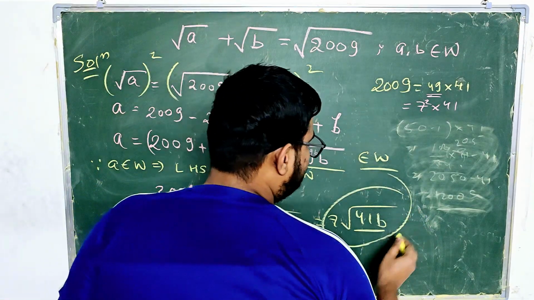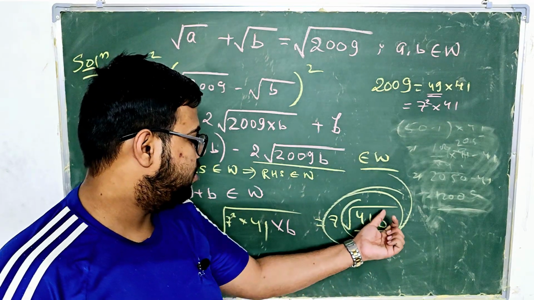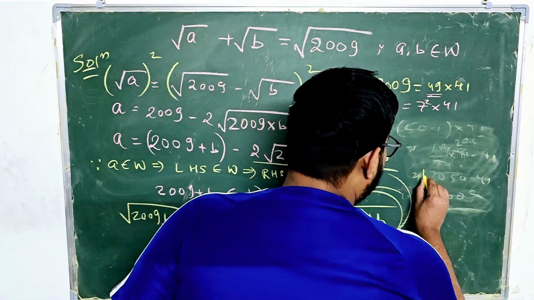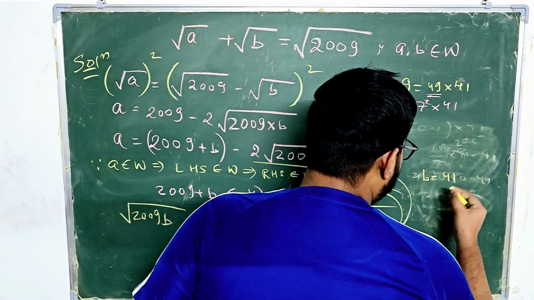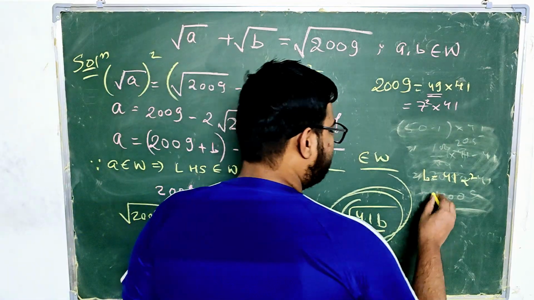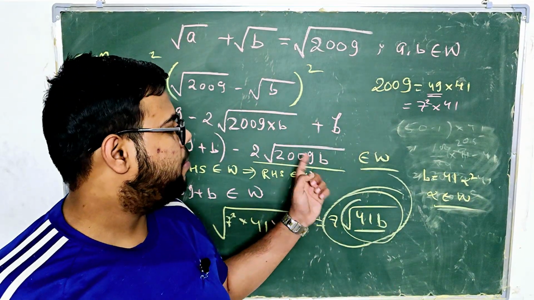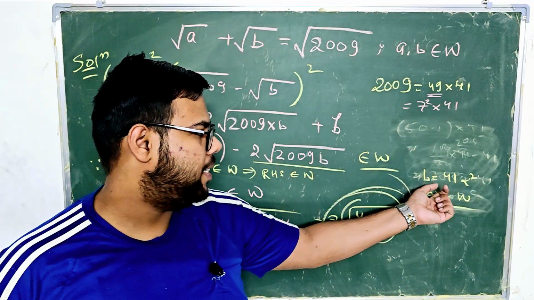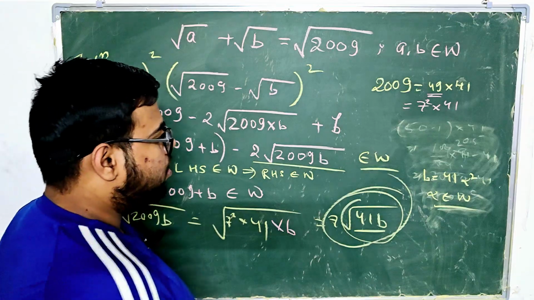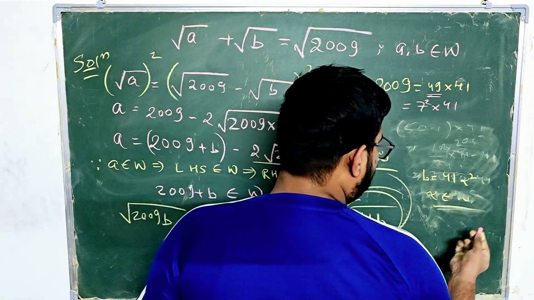The condition is that the input of this square root term should be a perfect square, which means that b must be of the form 41 times some alpha squared, where alpha belongs to whole numbers. Since a and b belong to whole numbers, alpha should also belong to whole numbers.